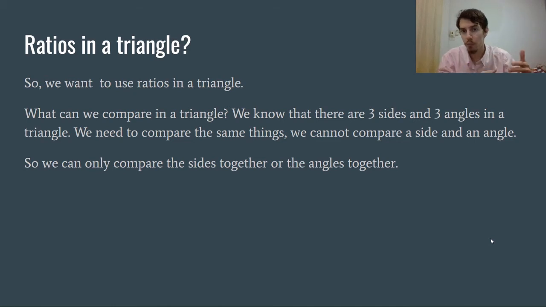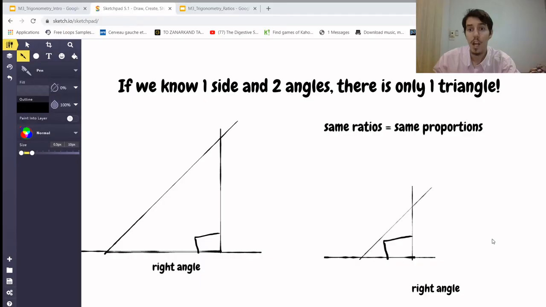We have to compare all the sides together or the angles together. I'm sorry guys, but I will give you a spoiler. The ratios we're going to use will compare the sides of the triangle. Not the angles, but the sides. We will make ratios with the sides of the triangle. I hope you guys remember this part of the video.